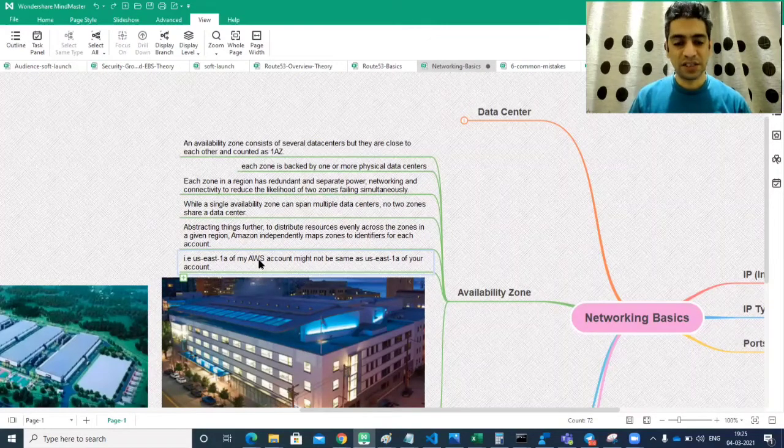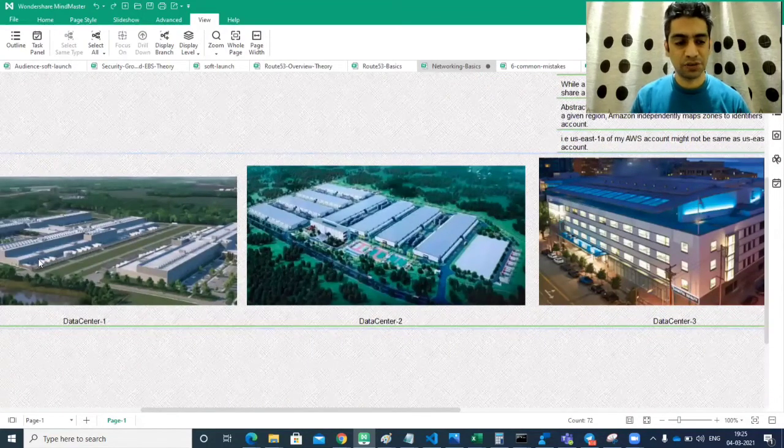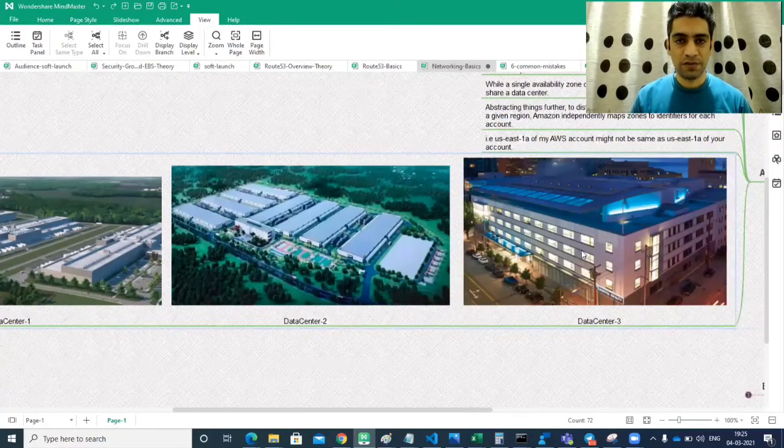Let's say these below are the three data centers. This is data center one, this is data center two, this is data center three. These are physical locations. Let's assume these are close to each other and together form one AZ.